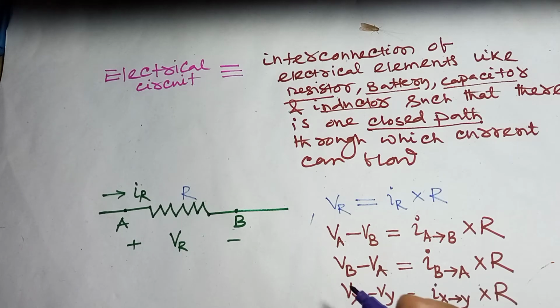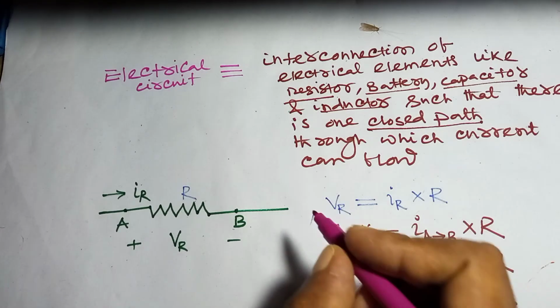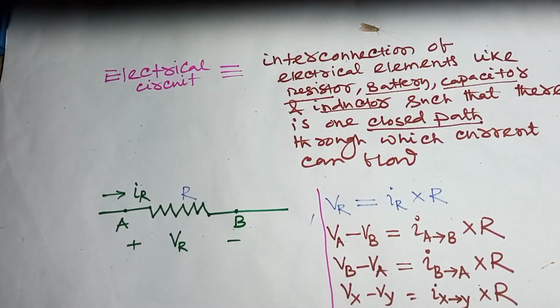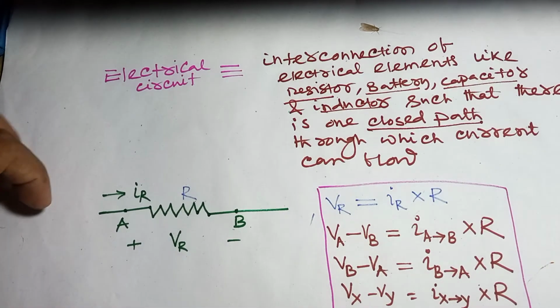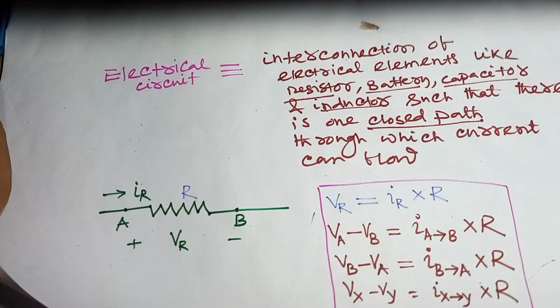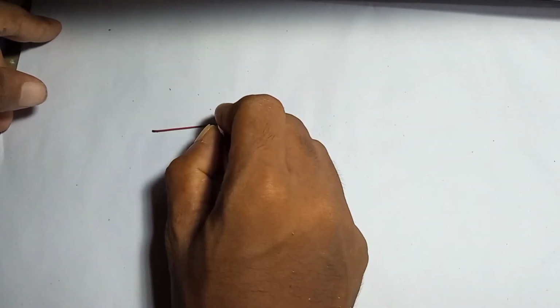So let's see the relationship between voltage and current for a capacitor. Let's say I have a capacitor.